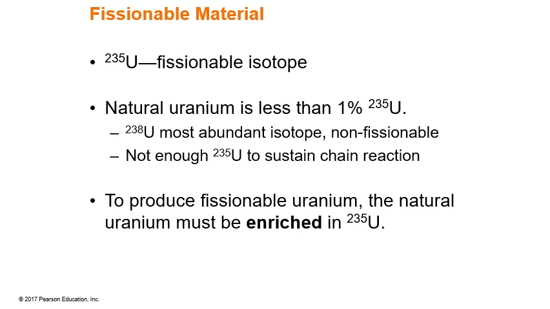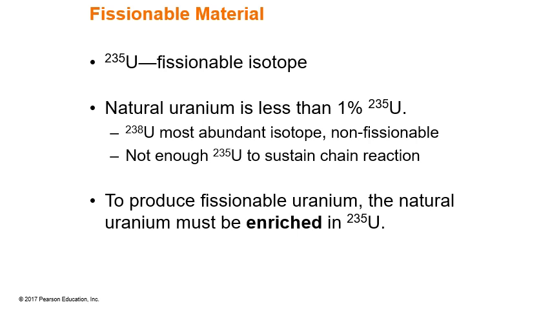We've talked about uranium-238 previously. However, naturally occurring uranium contains very small amounts of uranium-235, and uranium-235 is a fissionable isotope.